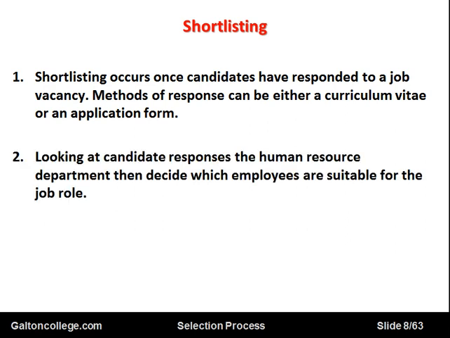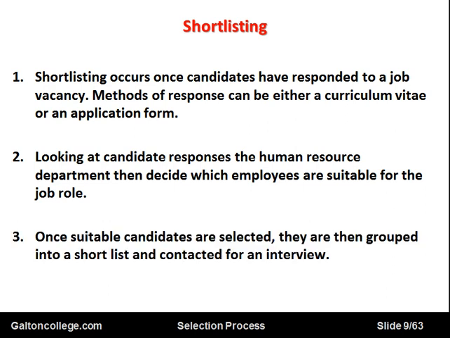So looking at candidate responses, the Human Resource Department, or the person responsible for recruitment, depending on the size of the business, will then decide which employees are suitable for the job role. So looking at the applications and looking at the job that was advertised and needs to be filled, the person responsible for this goes through the applications and selects a smaller number.